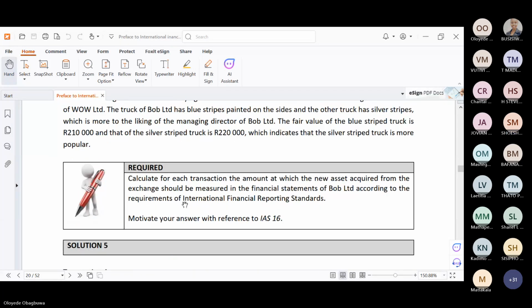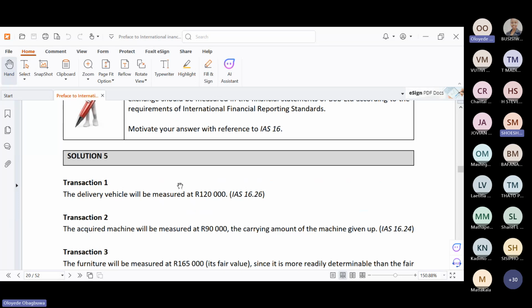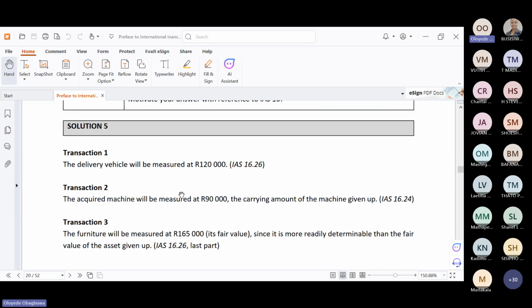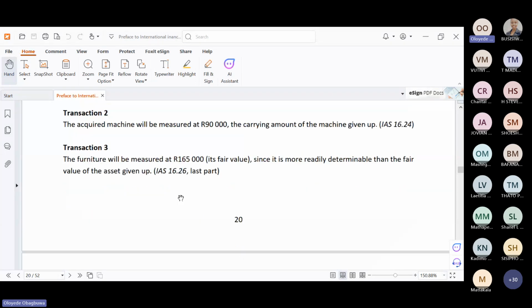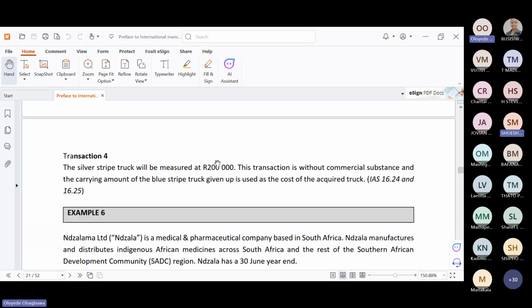Yes. So if we look at the solutions, we have answered the questions. We have the delivery vehicle at 120, this one is 90, this is 165. So the 10,000 difference is of no use. It's just a waste of money.